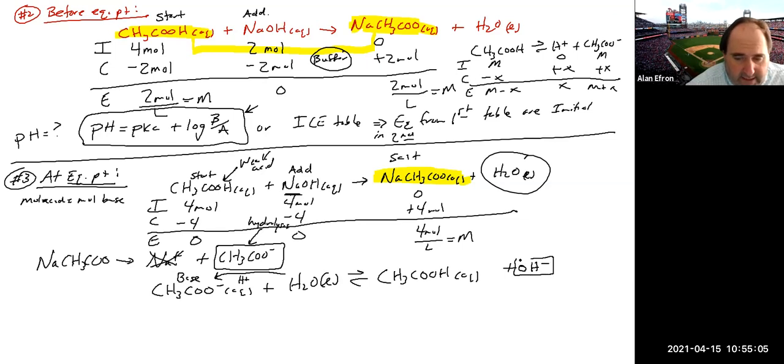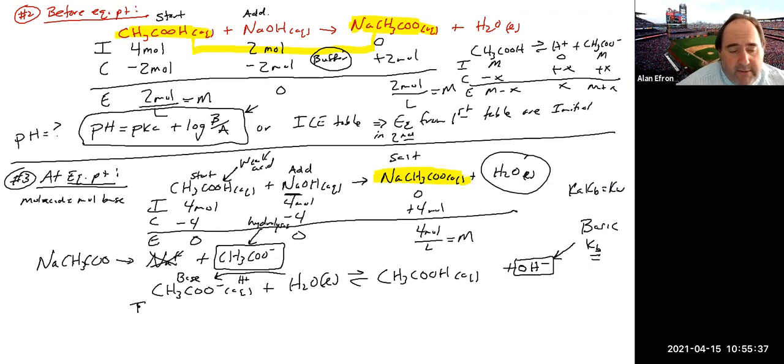It is producing hydroxide, which means this solution should be basic at the equivalence point. Again, different than our strong acid and strong base, which was neutral at the equivalence point. This is going to be basic. It also means that we should be using a Kb value in our calculation, which probably means we don't have that value. So again, you'll probably need to do the Ka times Kb equals Kw move here.